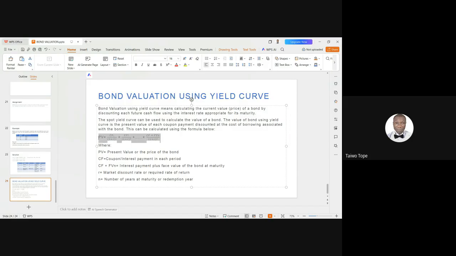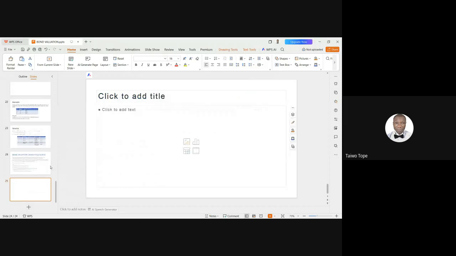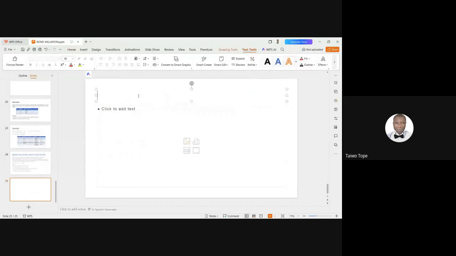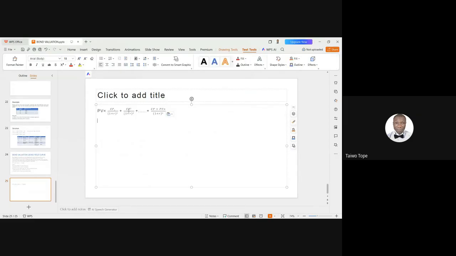So let me just copy this and adjust the formula. That question on the platform, on the group, is on forward yield curve. You see the forward rates there.